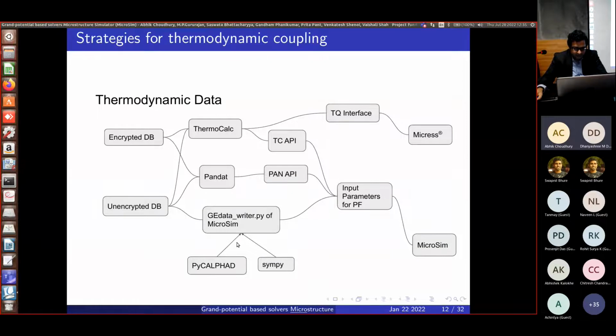This is the data writer tool that is part of MicroSim, which talks to PyCalFed and uses SymPy to convert the expressions that are read from the databases into functions that can be evaluated in MicroSim. These are again input into PF for the MicroSim simulation. So this is the workflow we'll have. We can treat both encrypted and unencrypted databases, but the workflows are different given the information that can come from each of them. This is what I will illustrate to you in the next few slides.